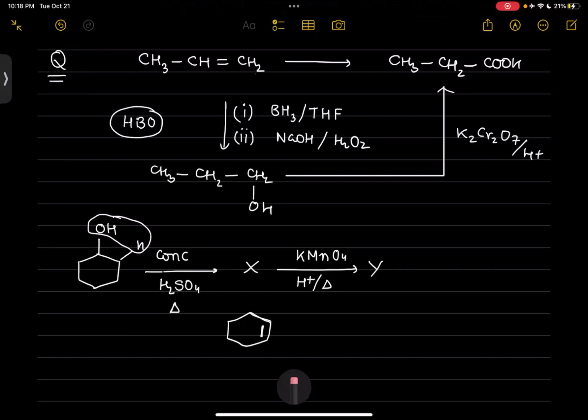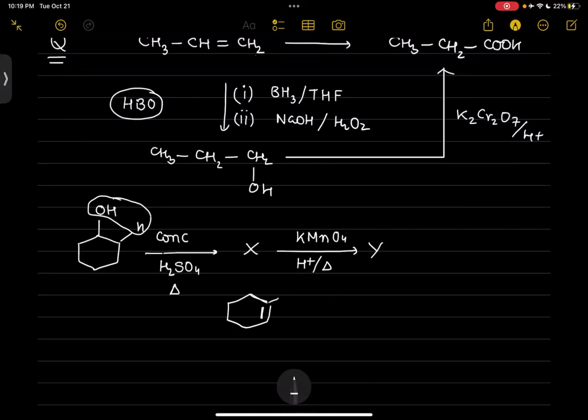Now, what will happen with acidified potassium permanganate? What happens to the alkene? When you treat it with acidified potassium permanganate, the double bond is cleaved. It is oxidized, it is cleaved.